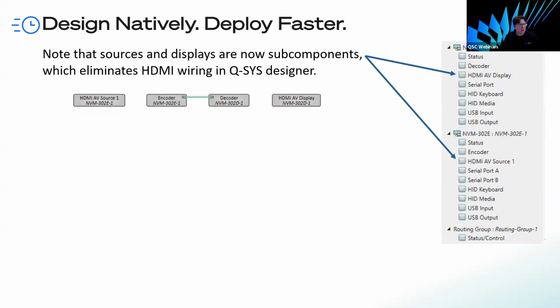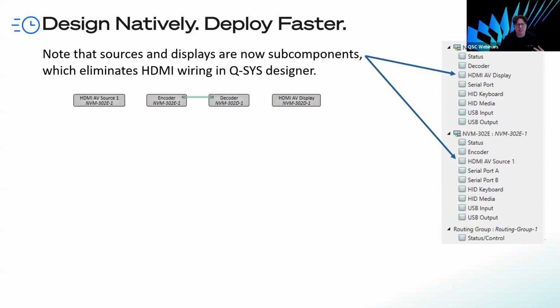All right, first things first though, let's talk about the decoder and encoder components. The HDMI AV display and HDMI AV sources are now embedded in the inventory items. So they're already attached to each encoder and decoder. So if you look at what I've got here, where I have a source, an encoder going to a decoder and a display, you'll notice there's no wiring to the source or the display because they're actually inherently part of the inventory item.